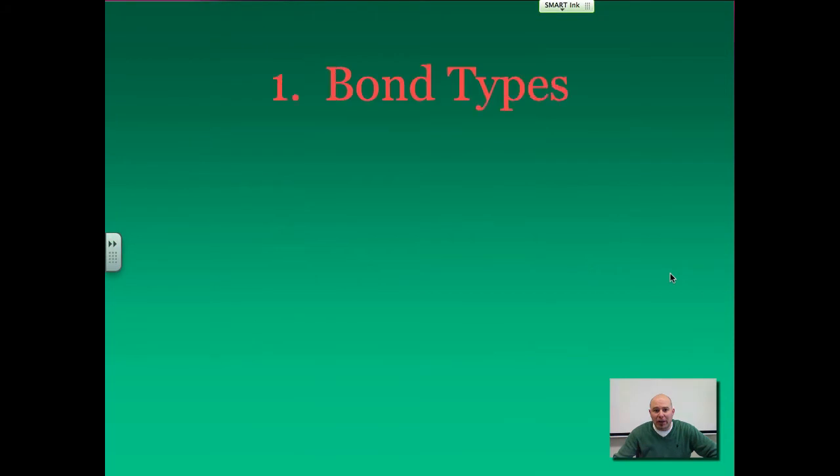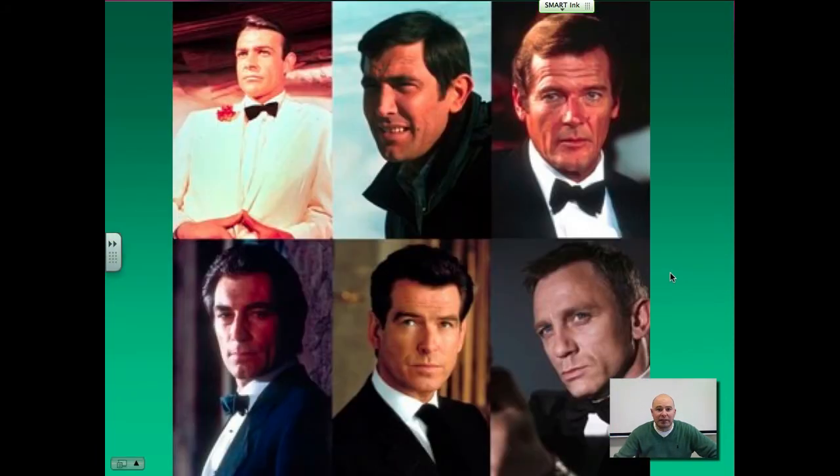I want to now talk about bond types. Well, I thought I'd just throw these out here. Of course, these are the bonds, the James Bonds. Not necessarily all of the bond types we're going to be talking about, but I certainly feel it's important to mention.